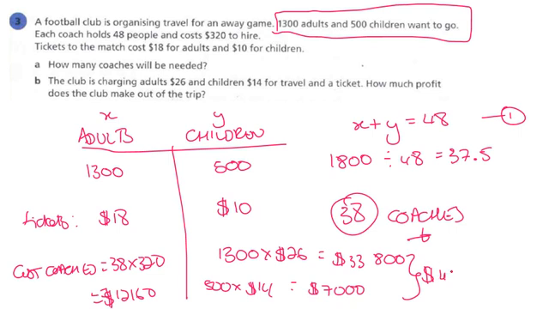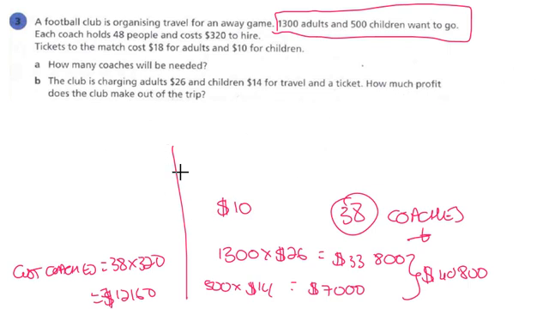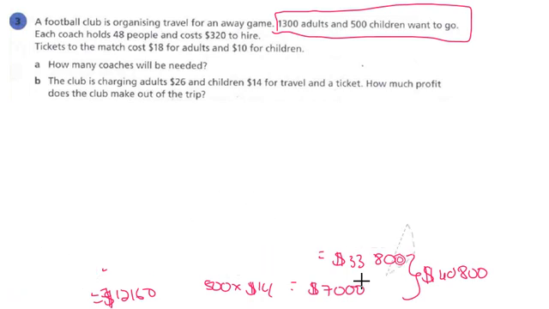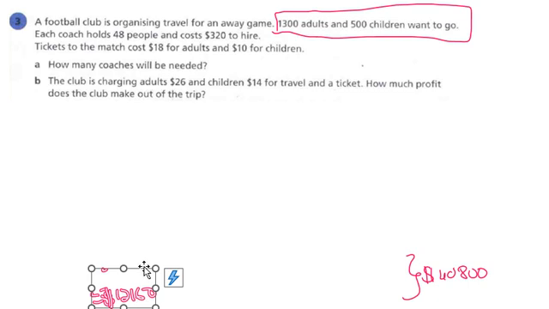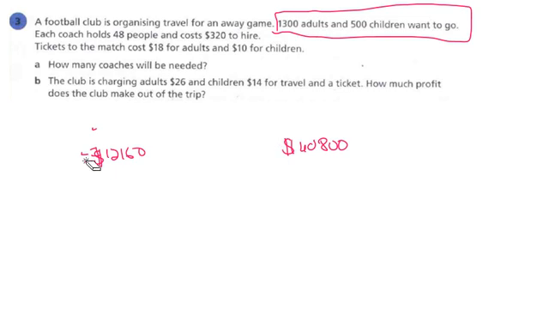That's $40,800. So the profit will be 40,800 minus 12,160.